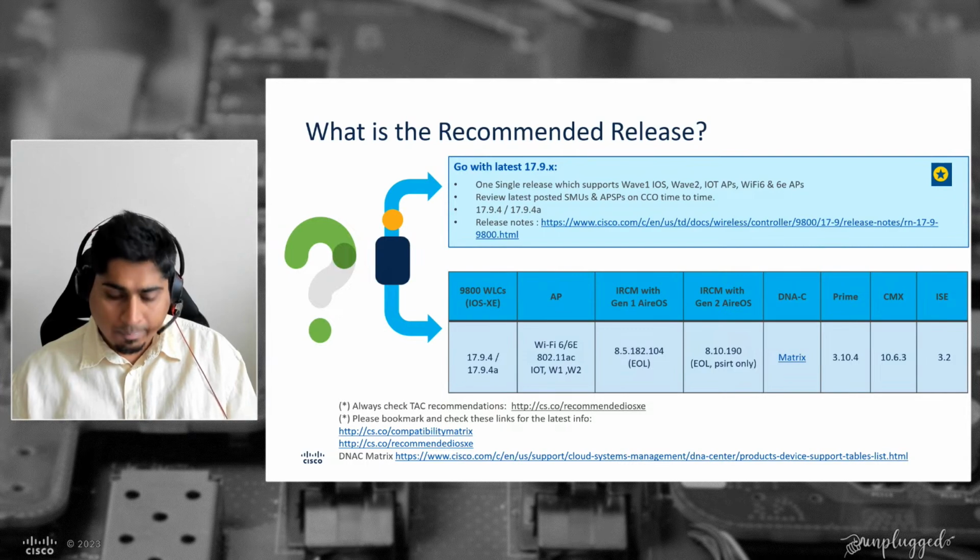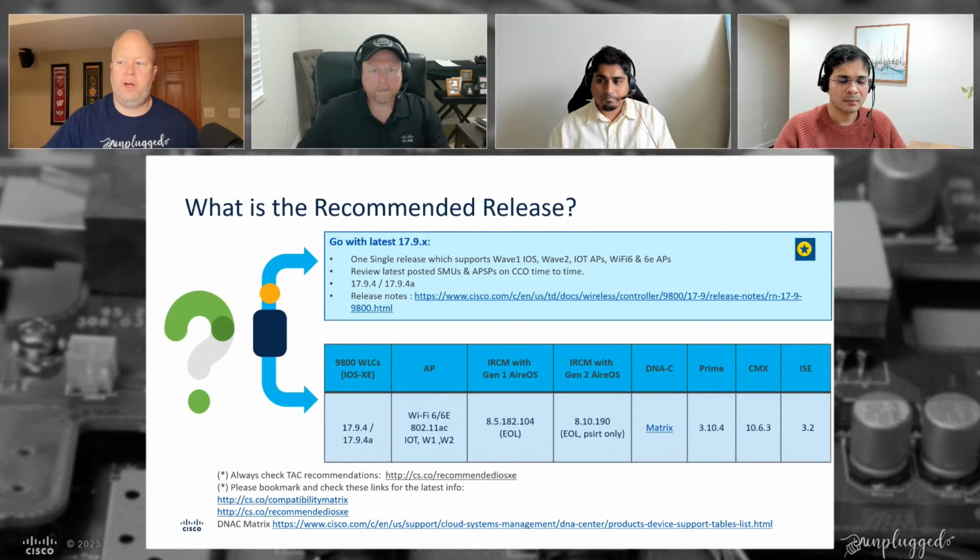Sorry, was there a question? Yeah, there is a question actually. This is specific to 17.6.5. If they're running 17.6.5 and they want to upgrade to 17.9.4a, they're confused about AP service packs, and they also want to deploy 17.9.4 AP SP2, but it doesn't seem to be available for 4a.